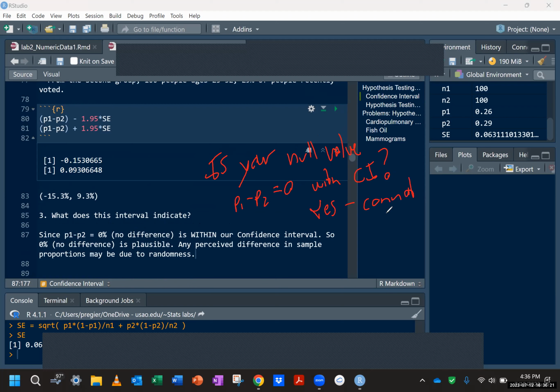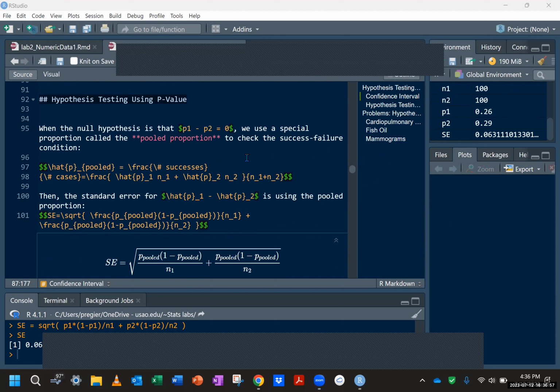So let's go on now to answering the same question, but using a p-value. Since the first step of doing a hypothesis test is we assume null is true, where null is P1 minus P2 equals 0, no difference between the two, we're going to use that information in calculating our p-value.